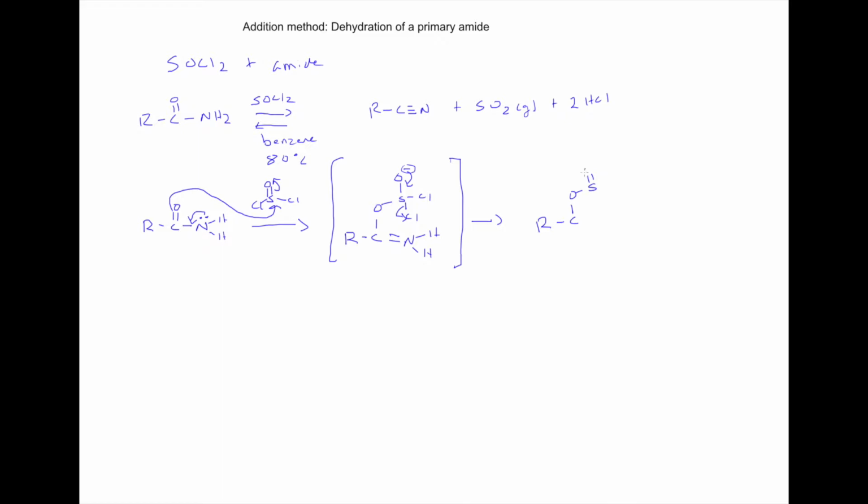But you're seeing now that we're converting that oxygen into something that has a good ability to become a leaving group. Right, so at this point, we get our first equivalent of HCl by the Cl minus coming in and picking up that proton from the nitrogen. So that's number one, HCl.